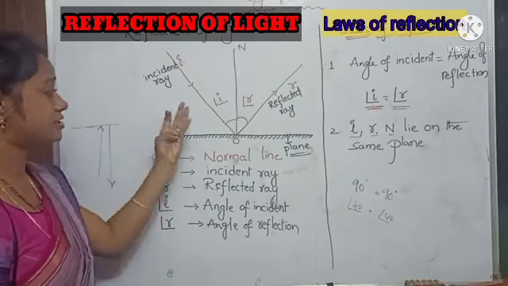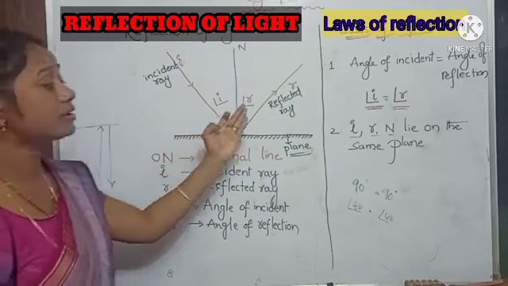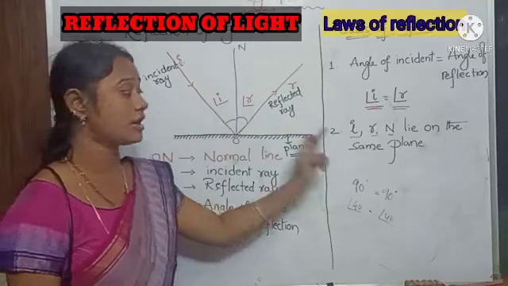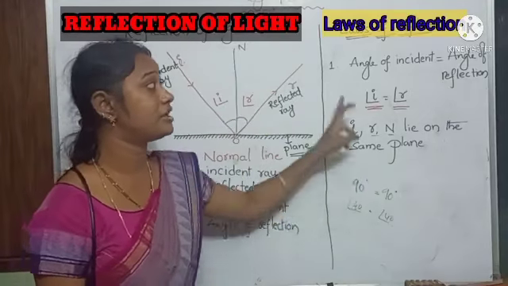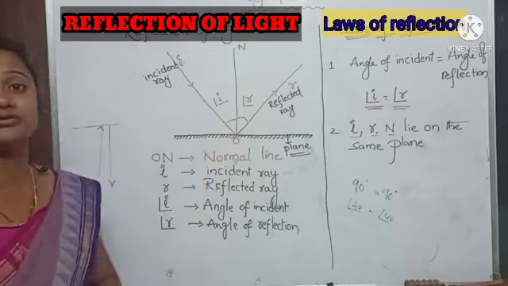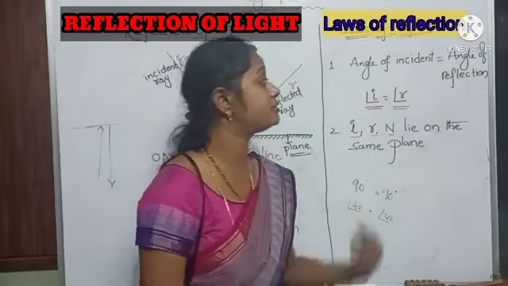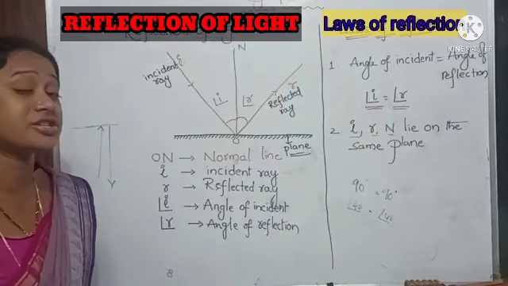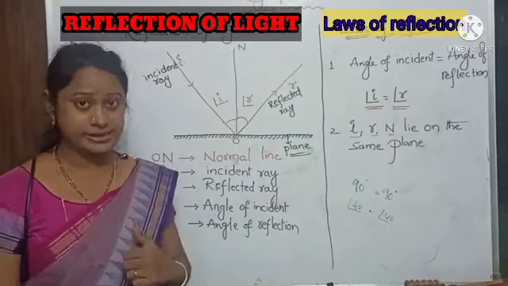The incident ray, normal and reflected ray all lie on the same plane. These are the two laws of reflection, and the angle of incidence equal to the angle of reflection is also known as Snell's law.